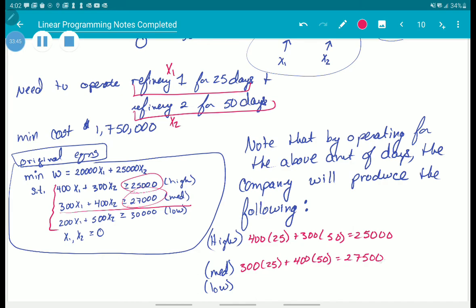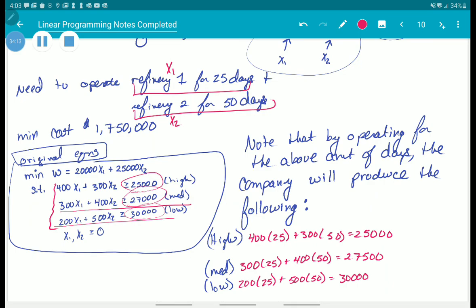We're producing 500 extra barrels of medium grade oil. And then for low grade, 200 times 25 plus 500 times 50 is 30,000. And that's exactly how much we needed there.